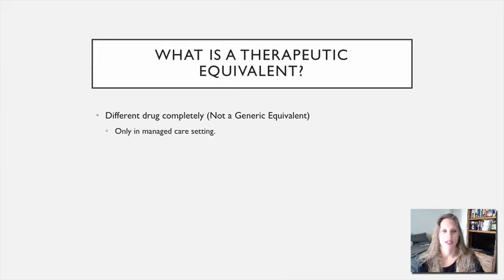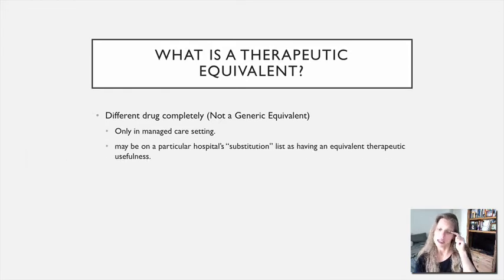The therapeutic equivalent is generally seen in a managed care setting, like a hospital, for example. In these settings, the organization has a formulary that it works off of, essentially a list of drugs that can be used for certain therapeutic purposes. For example, let's say you have an infection, and once the bug has been identified, we choose an anti-infective agent that's effective against that particular bug.